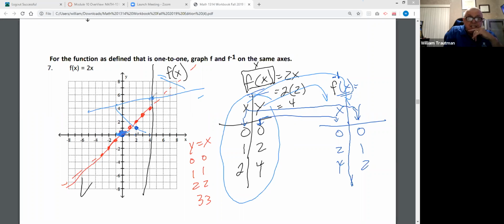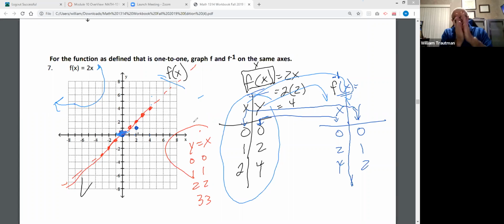And by the way, it doesn't have to cross each other. I can do something like this. Normally when we have lines, they will cross each other. But I can do a graph that looks like this, and then have another graph on the other side that is the mirror image, and they're inverses of each other, because if you flip them over, they look at each other.